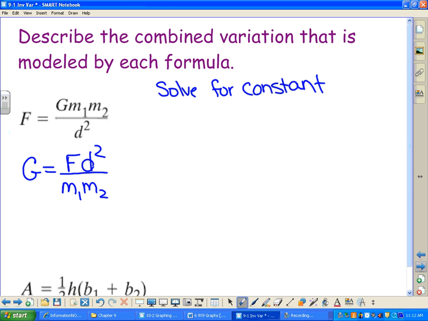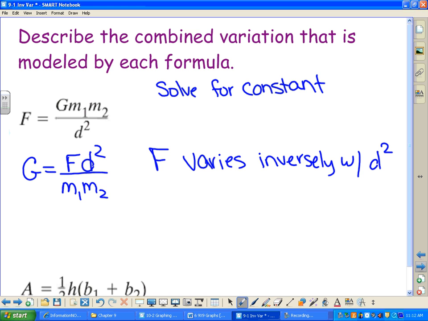Okay. So now, tell me about F. How is it varying with these other variables? F varies inversely with D squared and, okay, directly with the product of, but if it's directly with the product, the short way to say directly with the product of is just jointly.